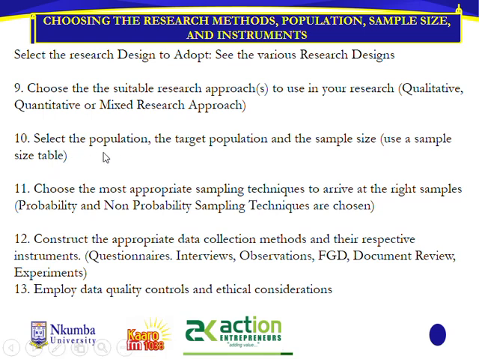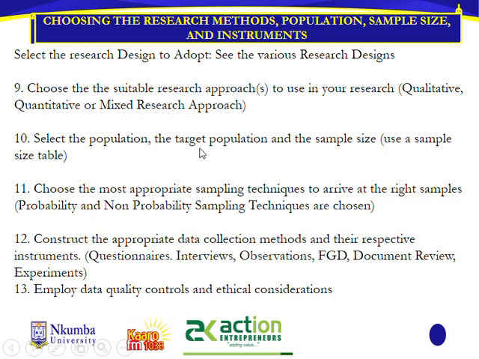Then there you choose the population. You see, the population is the total number of events that a researcher has interest in studying. For this case, the population means the primary schools in the data for the previous example.